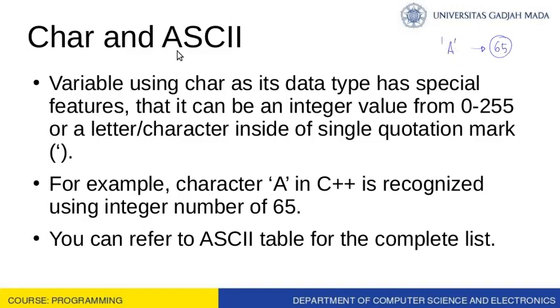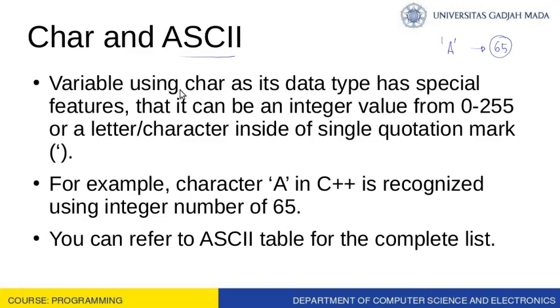The name of the table is the ASCII table. So you can look for the ASCII table, and then you can see that there are conversions from characters into integer numbers.